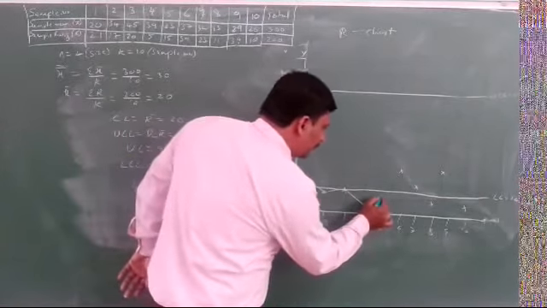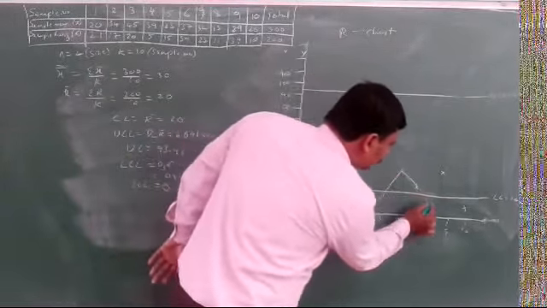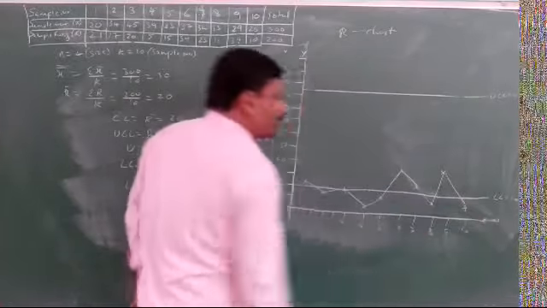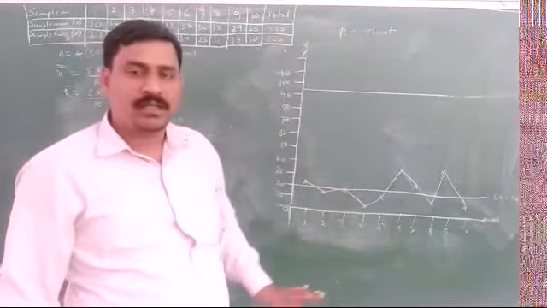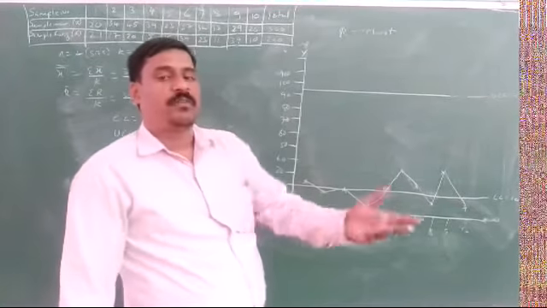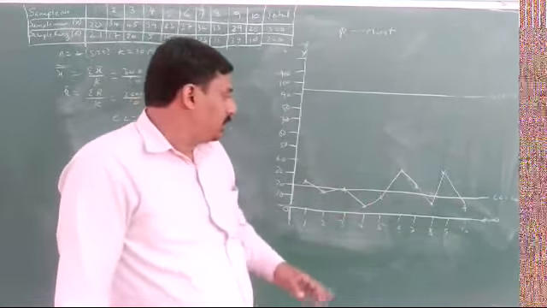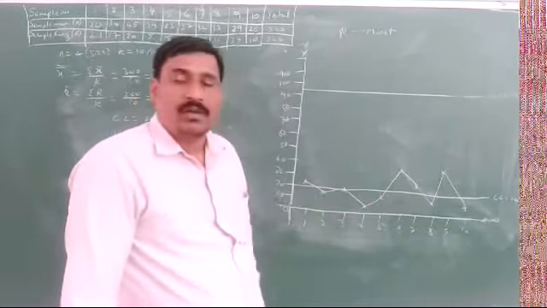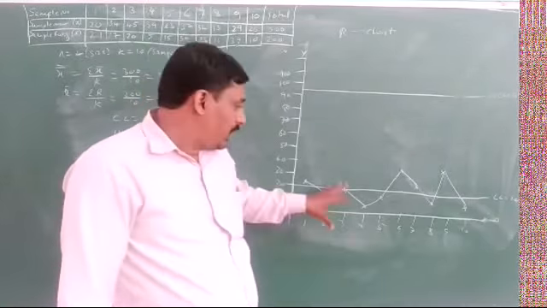Then we have to check for other things. Since all points are lying within the control limits, that means the process is under control. But apart from that, we have to see a few more points, that is whether continuously 7 or more points are lying on either side.